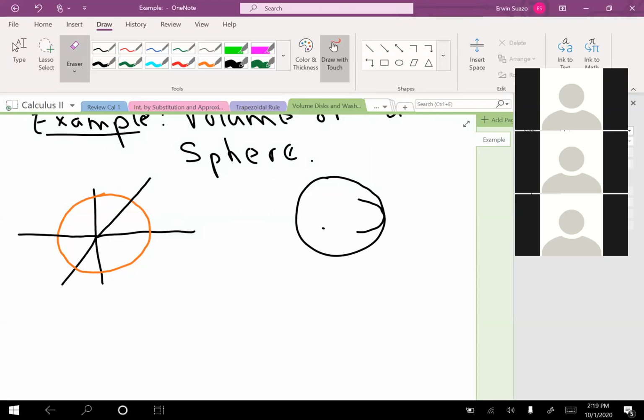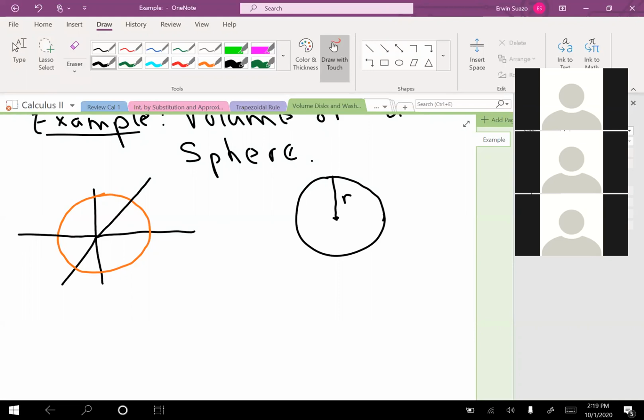So what is the radius? If r is the radius, so this is the radius. What is the volume of a sphere?